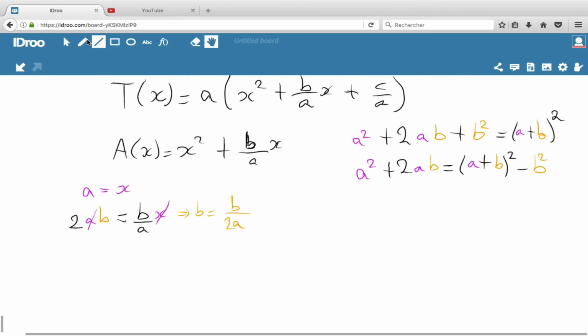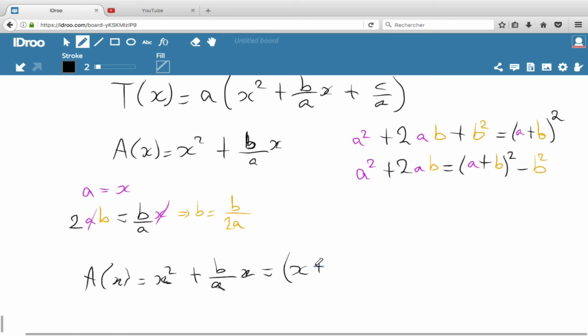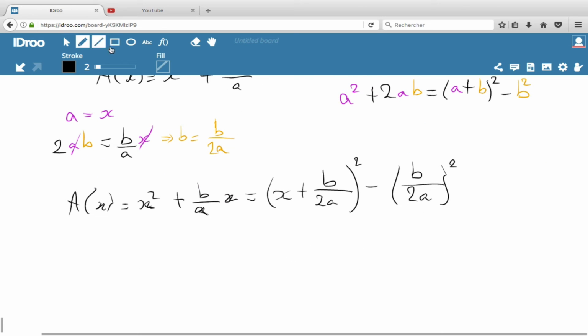Donc on peut écrire x plus b over 2 times a, all squared, minus b over 2 times a, all squared. Which equals x plus b over 2a, all squared, minus b squared over 4 times a squared.